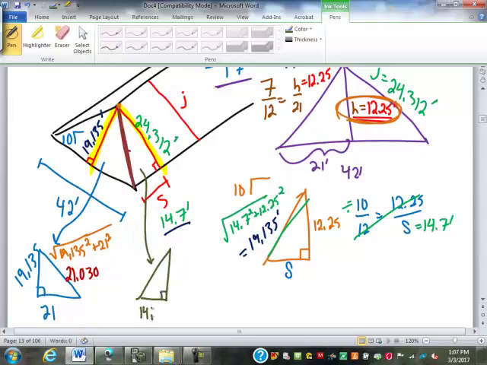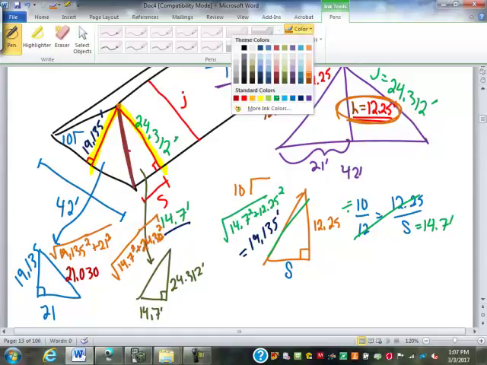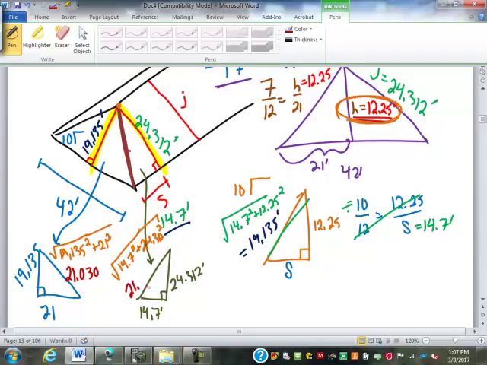Well, this would be 14.7 here. This would be 24.312 here. So then it would be the square root of 14.7 squared plus 24.312 squared, which is, so something's off there, isn't it? I'm guessing it's here. This 21 looks off. You said that was what, 28.412? Let's look at this side over here.